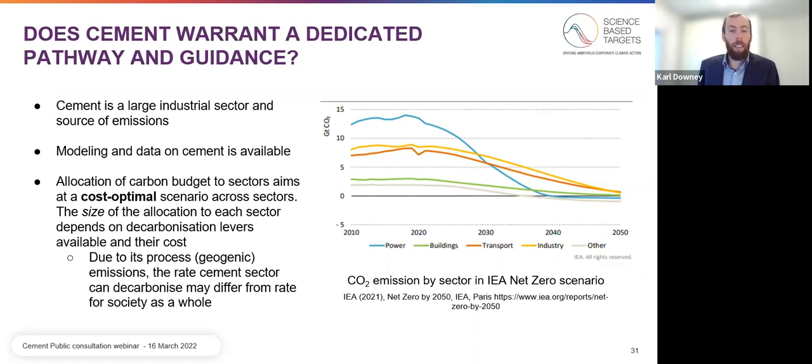And for cement, due to its process emissions or geogenic emissions, that is, the emissions from decarbonization of limestone and clinker production, the rates that the sector can decarbonize in those emission scenarios tends to be different from the overall rate for society as a whole. So plausible emission scenarios may not follow the cross-sector rate, which justifies having a sector-specific rate.